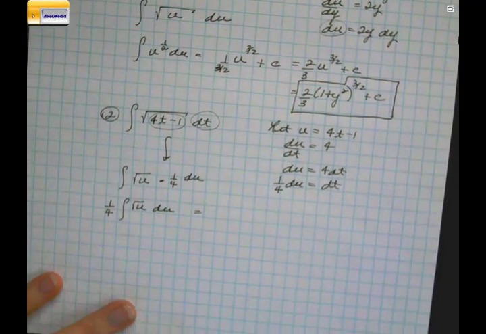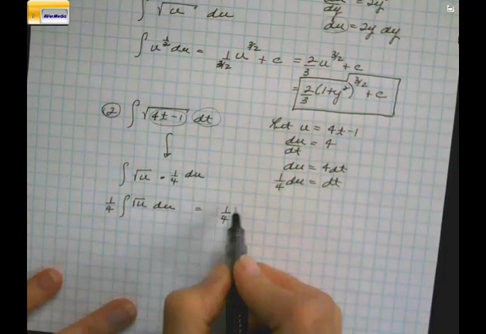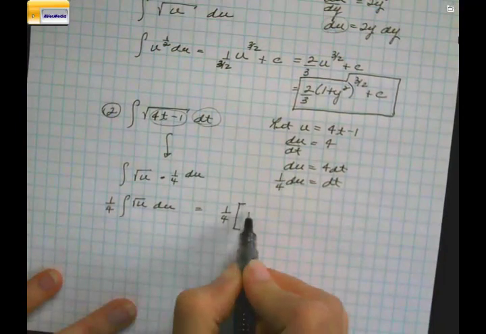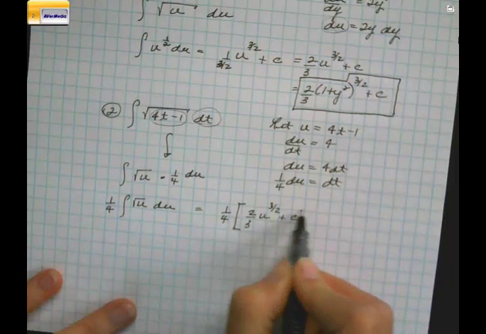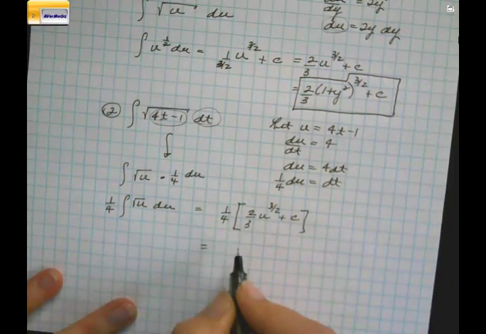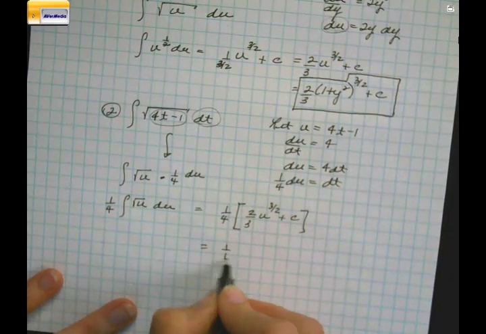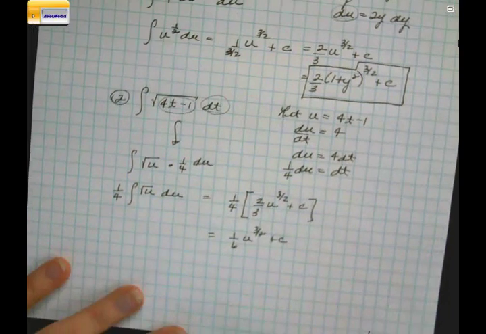See how simple that becomes? That's pretty neat. So now this is 1/4, and this is u to the 1/2. So this is going to be 2/3 u to the 3/2 plus c, which is 1/4 times 2/3, which is going to be 1/6 u to the 3/2 power plus c.